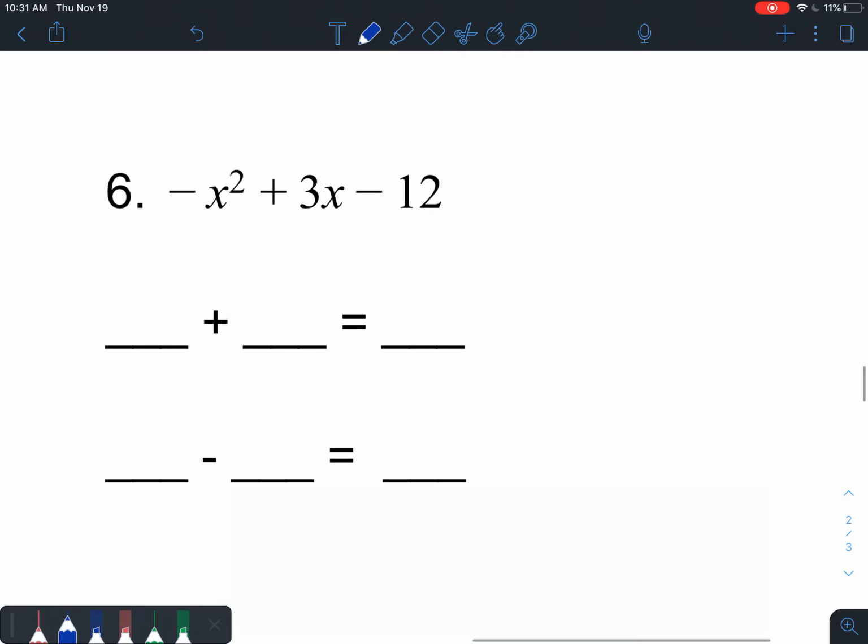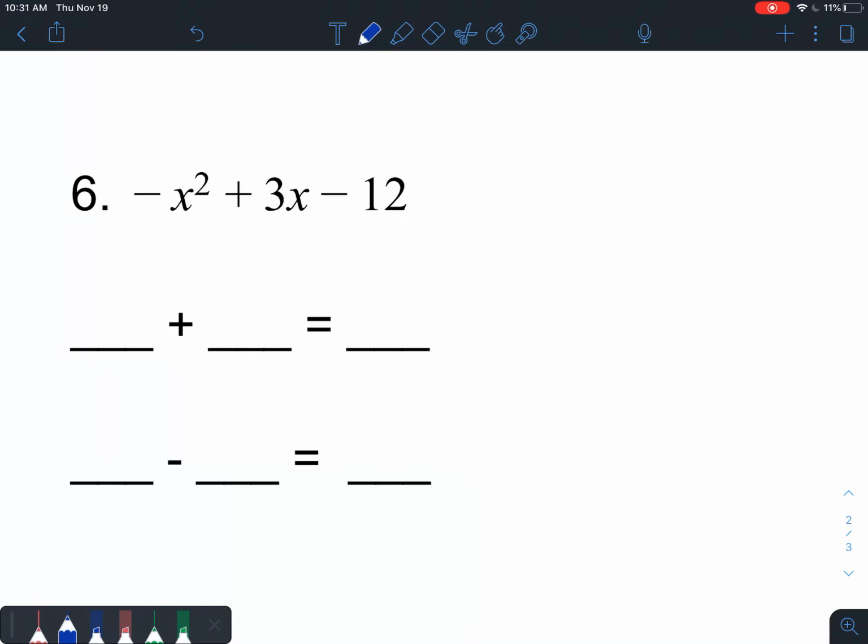Okay. Let's do one with the negative out front. So when I have a negative out front, I'm always factoring out that negative sign. So I have negative x squared minus 3x plus 12. But when I write my final answer, I need to remember to put that negative out front again.